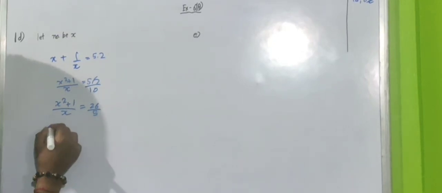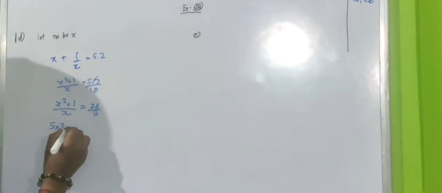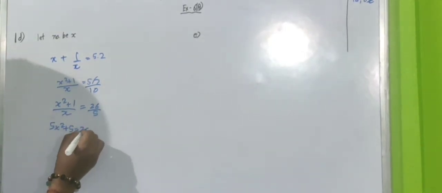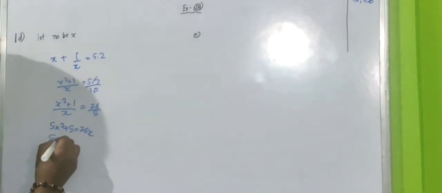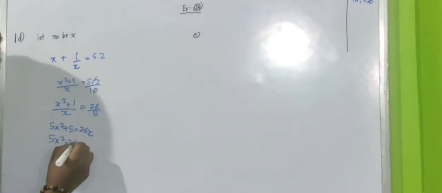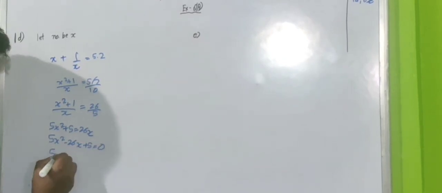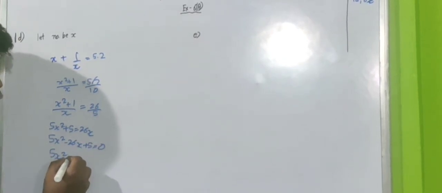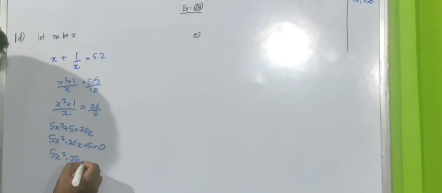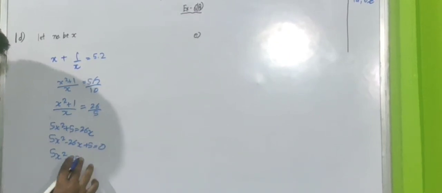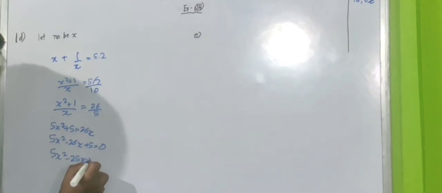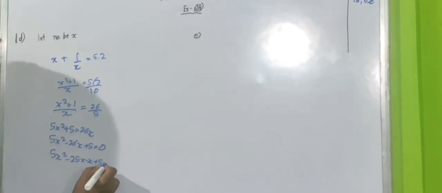Now cross multiply, you will get 5x square plus 5 is equals to 26x. Now 5x square minus 26x plus 5 is equals to 0. Now mid-term split, you will get 5x square minus 25x minus x plus 5 is equals to 0.